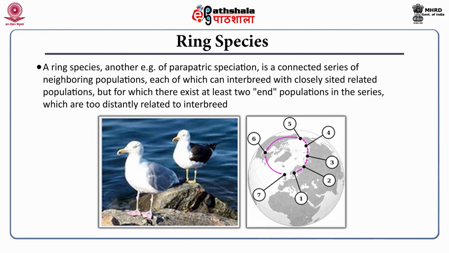Ring species is yet another excellent example of parapatric speciation. In this case, populations are connected by a series of neighboring populations, each of which can interbreed with closely related populations. For example, in this image you can see number 2 that is in Russia can mate with number 3 and number 1. Number 1 is in Norway.